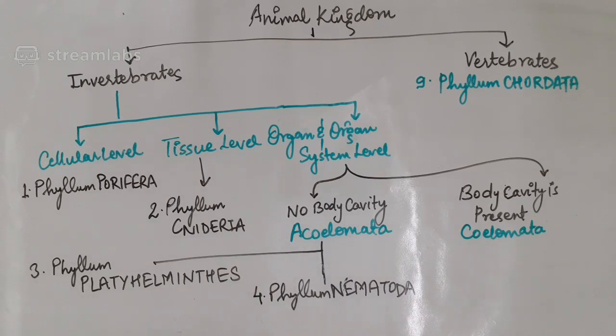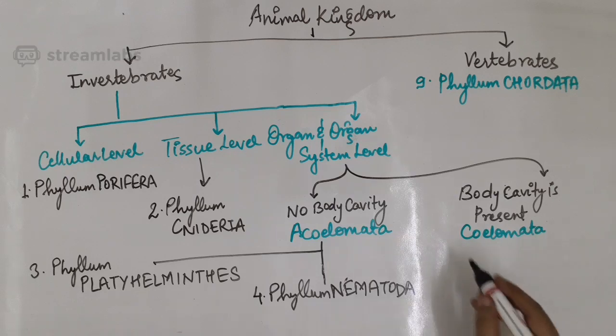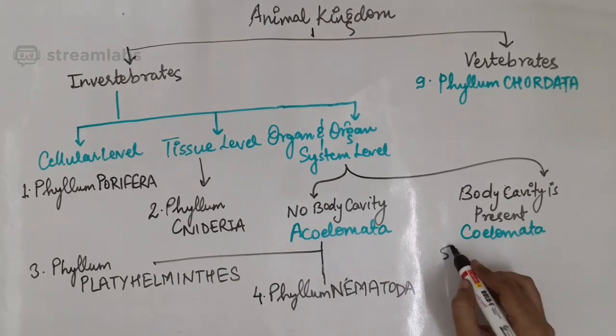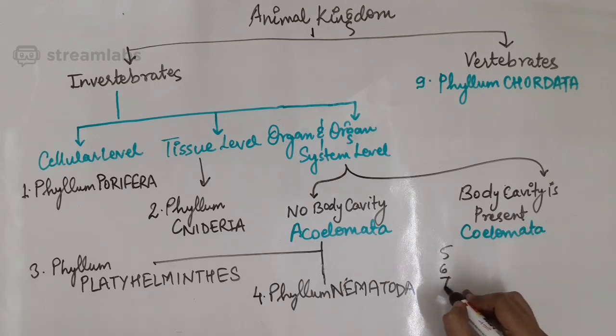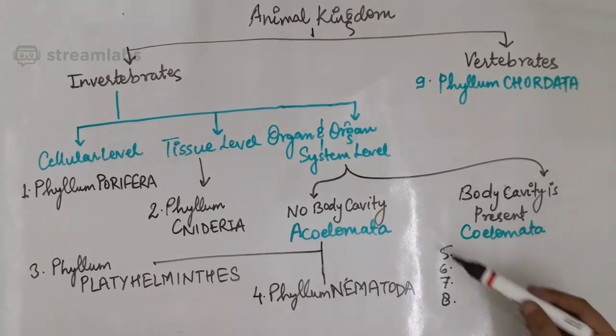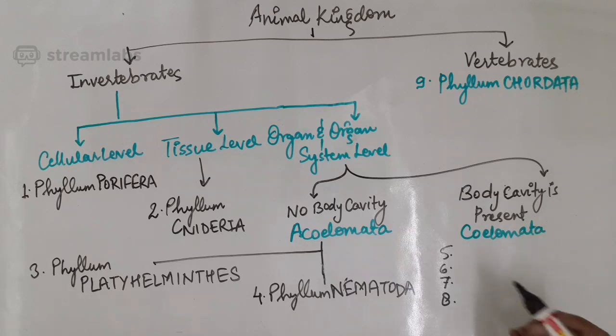In the body cavity absentees, or the acoelomates, the remaining four phyla, that is 1, 2, 3, 4, that is 5, 6, 7 and 8. These four phyla come in the organ and organ system level where the body cavity is present.